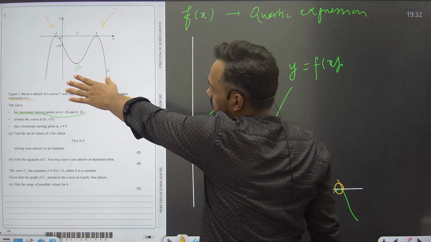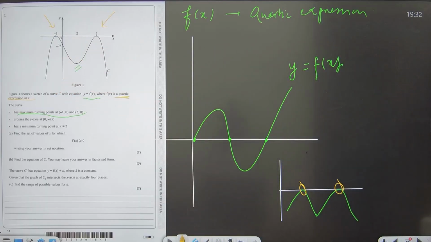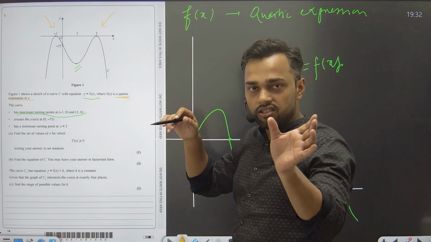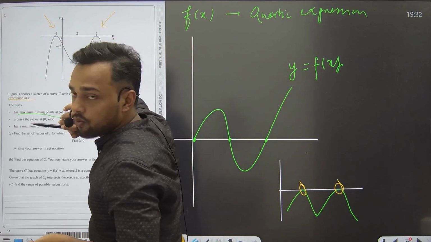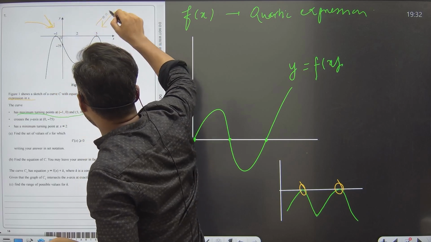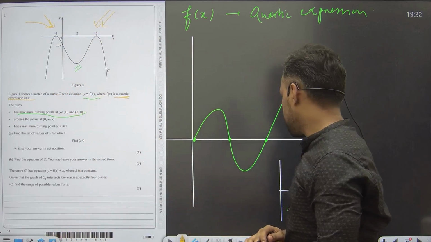So if they intersect at only 2 points, and as we know it is a quartic expression, we can say it will be a double root. So the points negative 1 and 5 are double roots of this quartic expression.